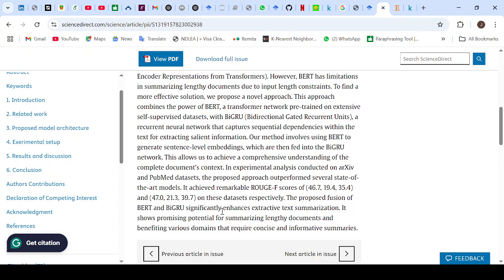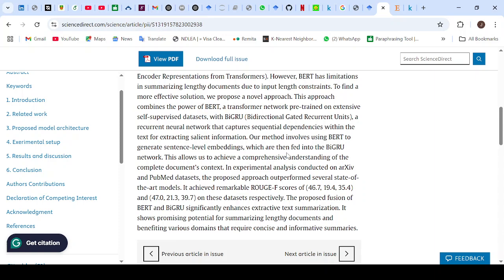It significantly enhances extractive text summarization. It shows promising potential for summarizing lengthy documents and benefiting various domains that require concise information summaries.